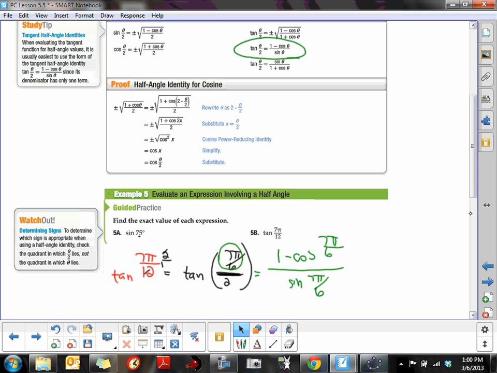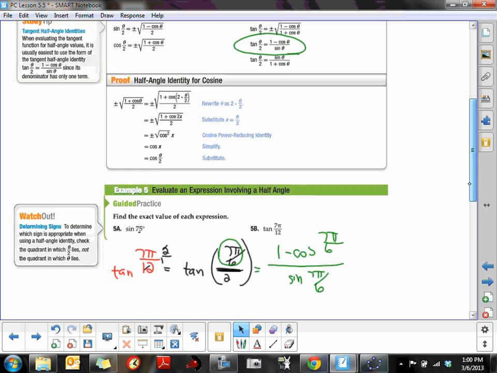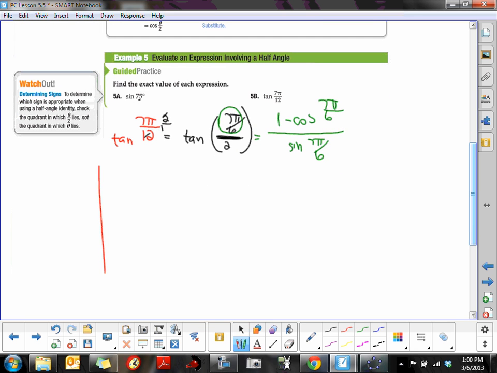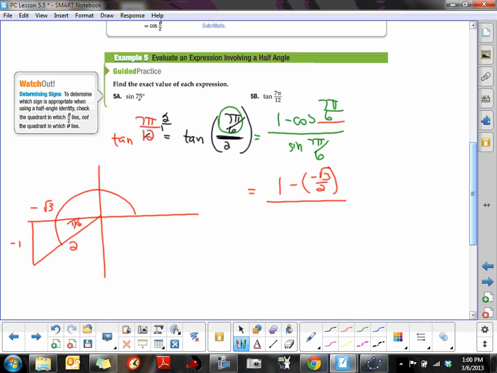Now we're going to evaluate 7 pi 6 for both of them. 6 pi is here, so 7 pi 6, and pi 6 is the same thing as 30, so we have 1, square root of 3, and 2. These are both negative because we're in the third quadrant. So we have 1 minus the cosine of 7 pi 6, a negative square root of 3 over 2, all over the sine of 7 pi 6, which is a negative 1/2.